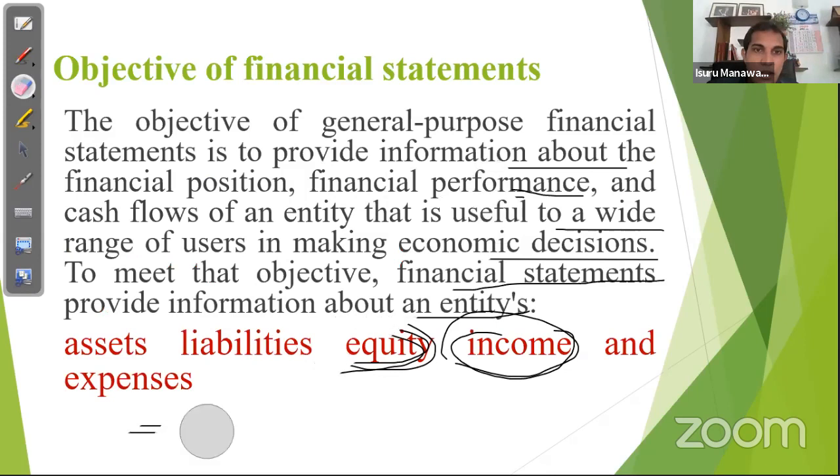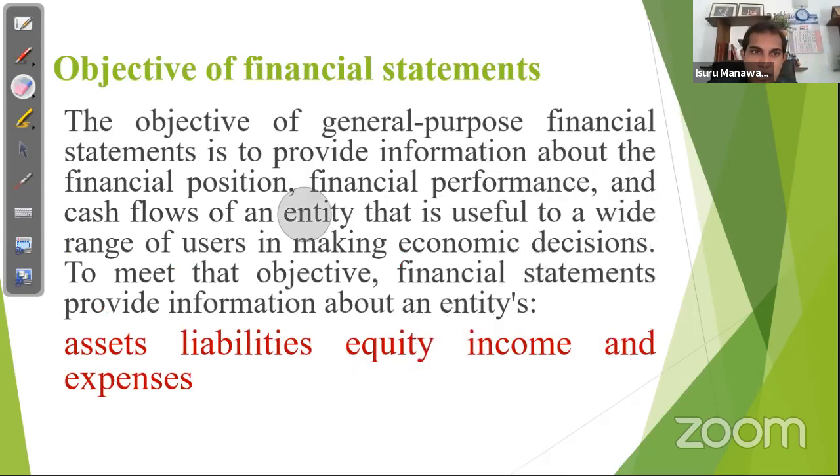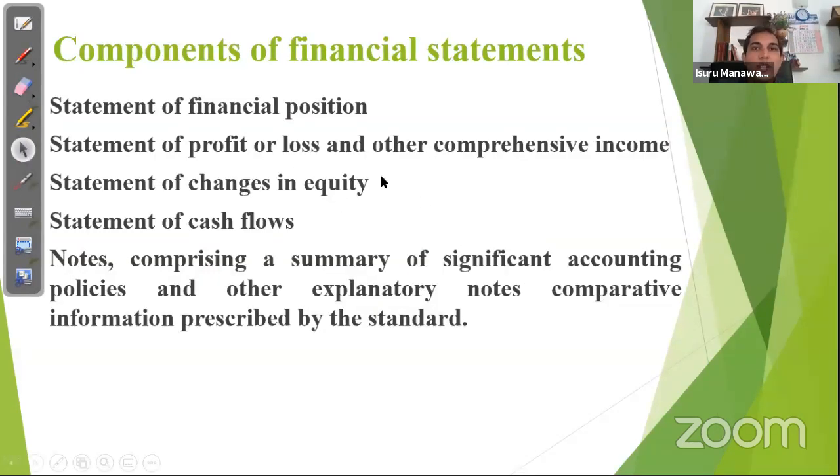Okay, right now I have around 5 minutes. So these are the components of financial statements. Already I mentioned the statement of financial position, statement of profit or loss and other comprehensive income, statement of changes in equity, statement of cash flows, and notes to the financial statements, right? The notes mean some explanatory things.